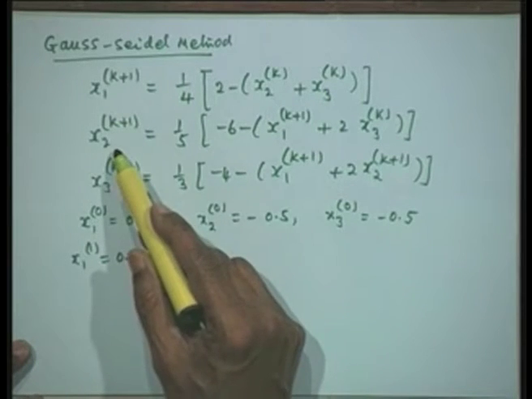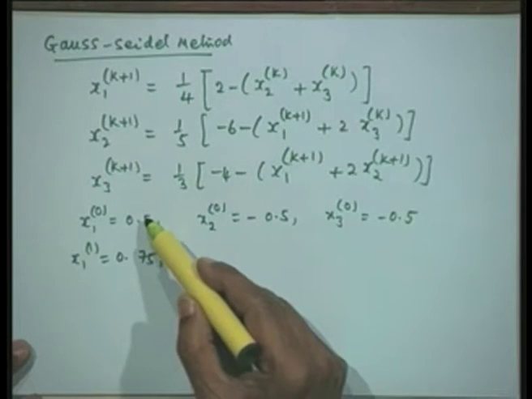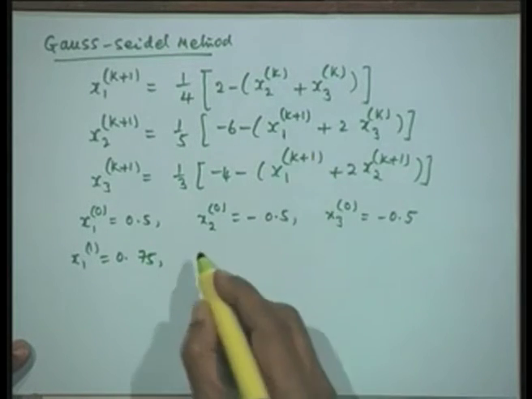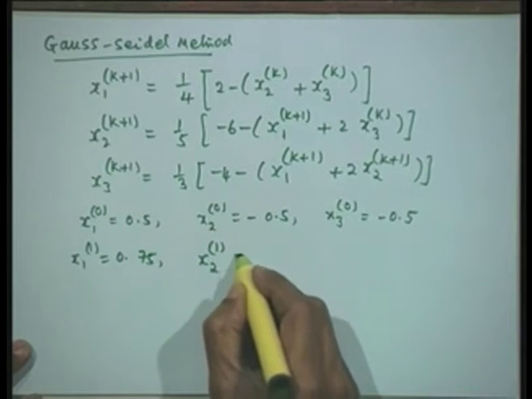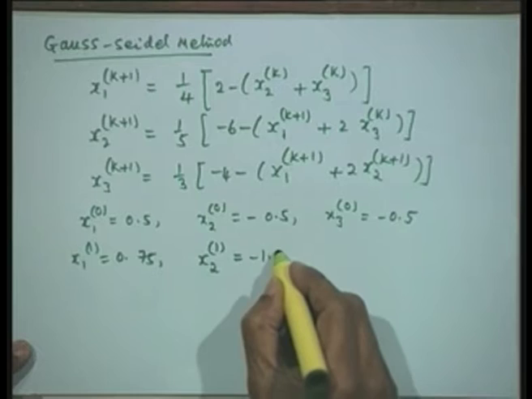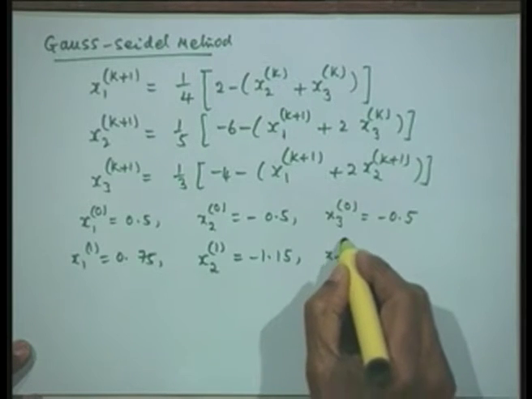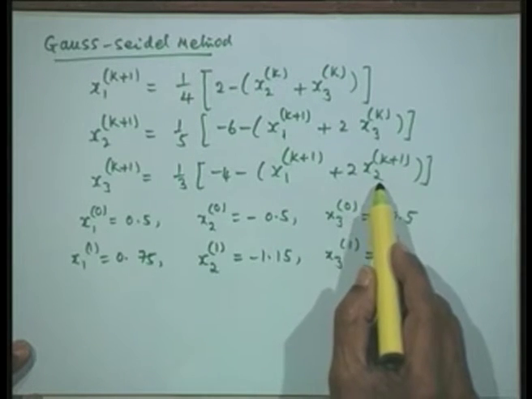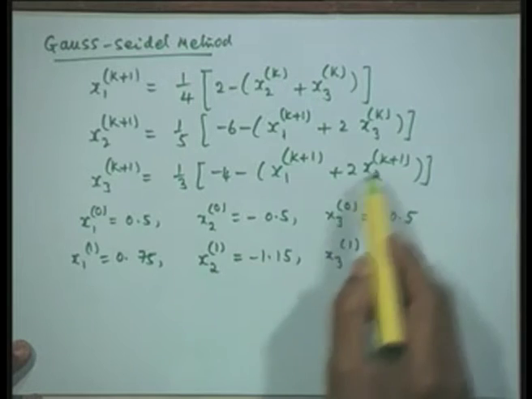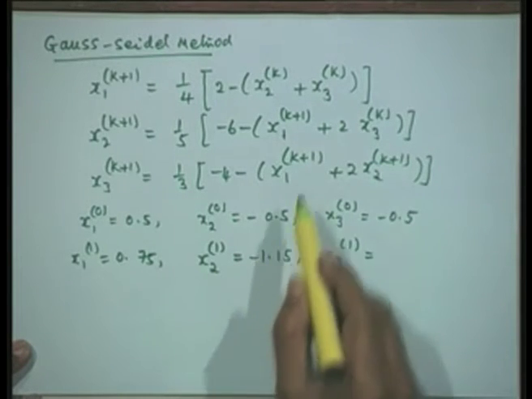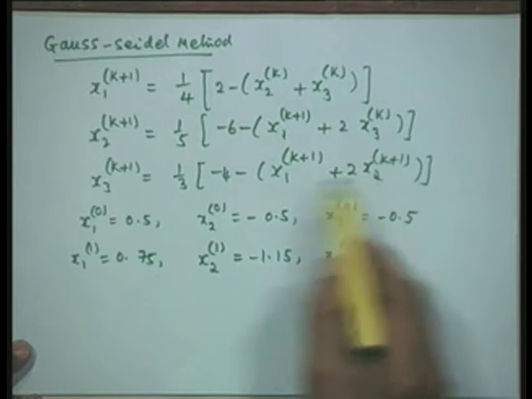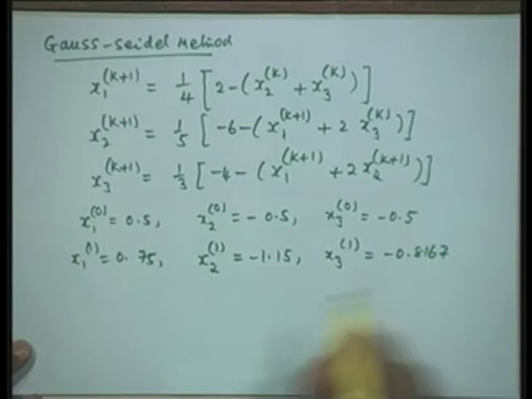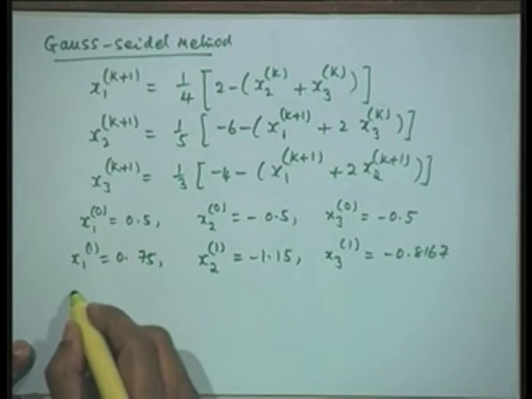Therefore, the second solution is going to change substantially because in place of 0.5, which was the previous iterate, now we are using the current iterate 0.75 over here. This value comes out to be x 2 of 1 is minus 1.15 and similarly x 3 of 1. Now, when I am solving for x 3 of 1, I have got x 1 of 1 available to me, x 2 of 1 is also available to me. So, both these values will be used on the right hand side and this value comes out to be minus 0.8167.